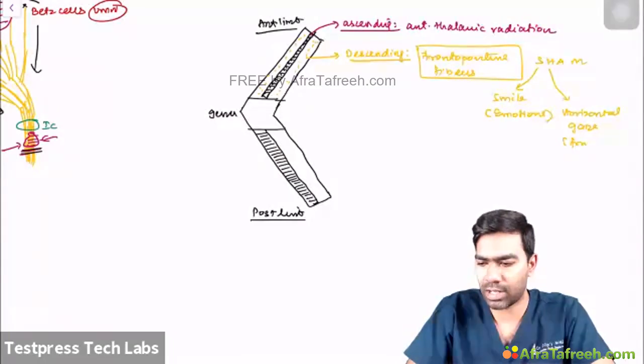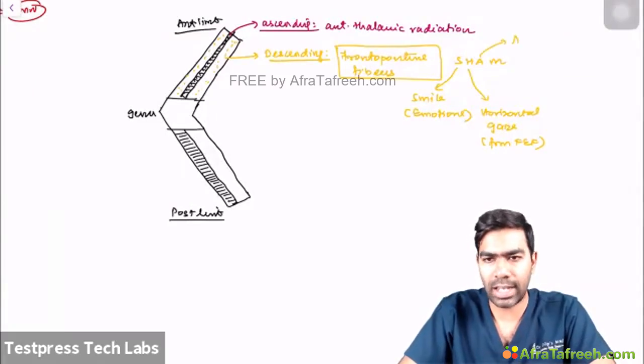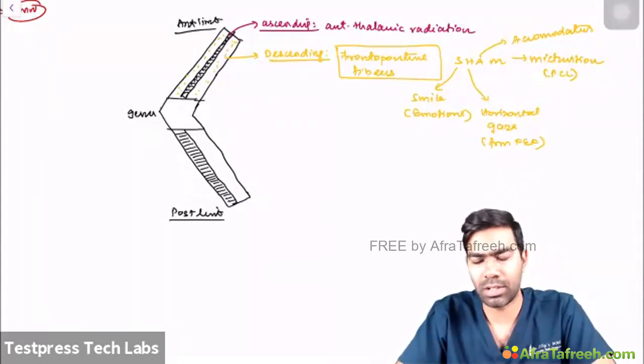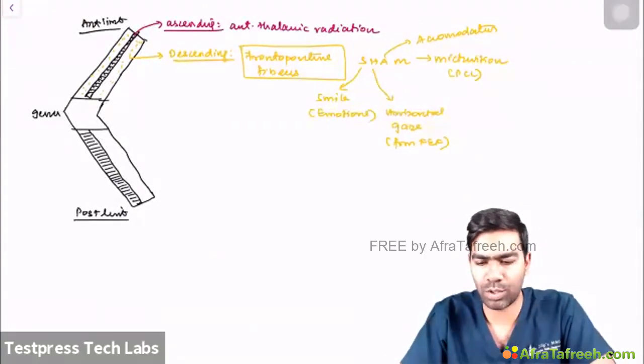These fibers come from the frontal eye field and go to the pons and control the cranial nerves to move the eyes towards a particular side. A stands for accommodation. And M stands for micturition. Clear? These fibers come from the paracentral lobule, so they control micturition. So these are the SHAM functions that you have to know.